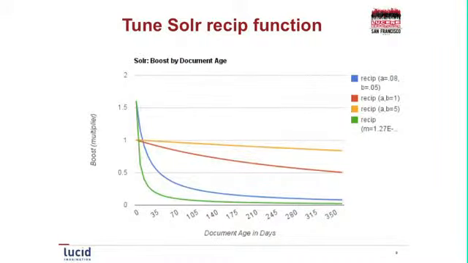There are a couple others here that are interesting, I think, and we'll talk about the blue first, which is the one I gave in the example, right? You can see that example there. So the blue line, what it does is it really starts to drop quickly as the documents get old.